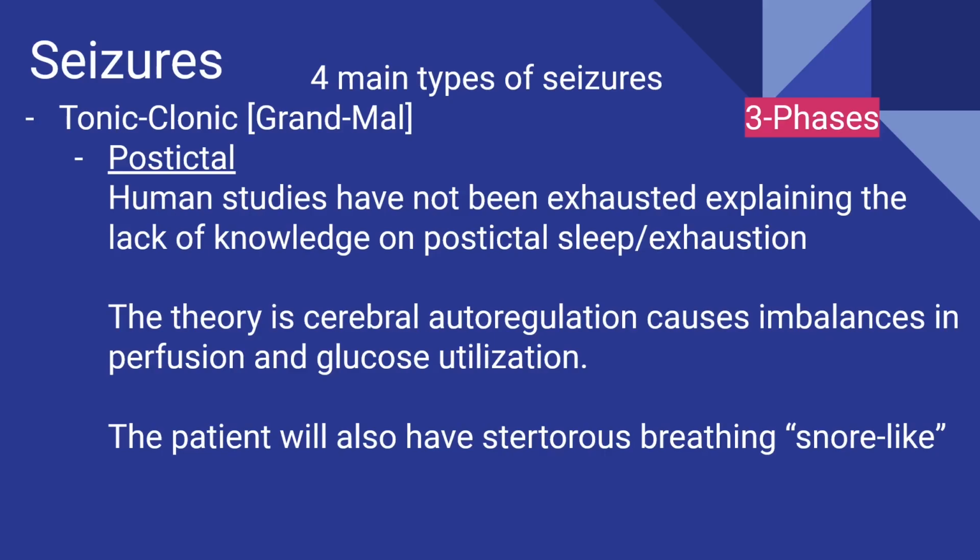Not a lot of studies have been done to exhaust how this phase occurs, but what is theorized is that because the normal cerebral auto-regulation of impulses and glucose has been changed, it takes time for that glucose to be reprioritized back to the normal state.